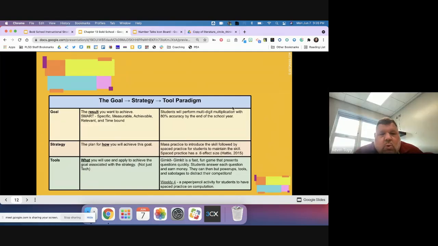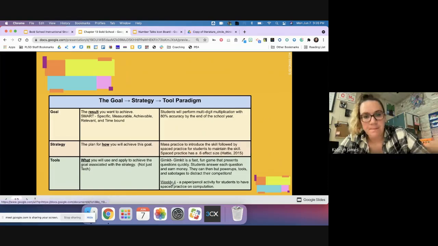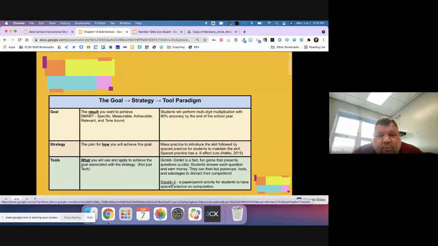And then our goal strategy tool paradigm was, for example, students will perform multi-digit multiplication with 80% accuracy by the end of the school year. You're obviously going to have your math practice as you get to those lessons in your math curriculum, but then we need the spaced practice to maintain that skill. Mine's actually at the bottom.